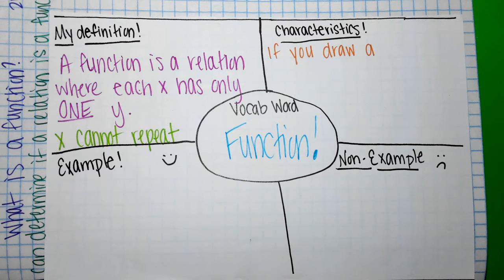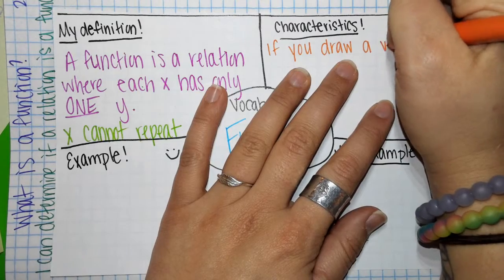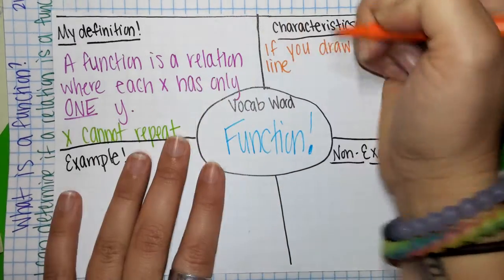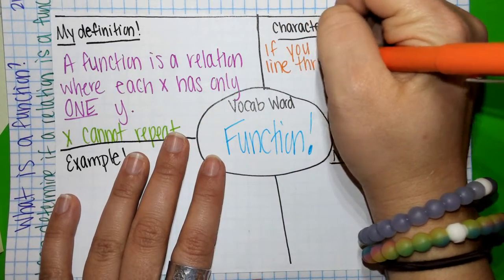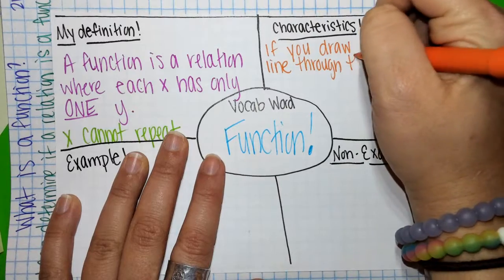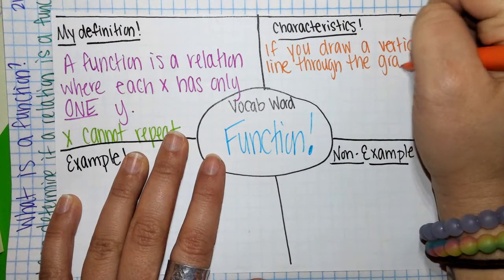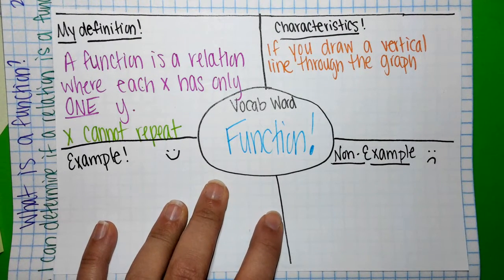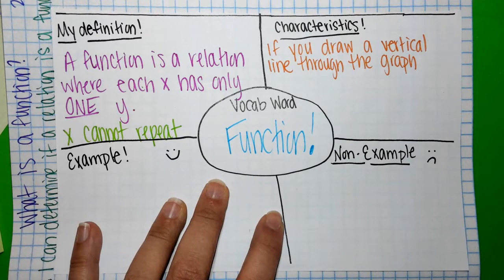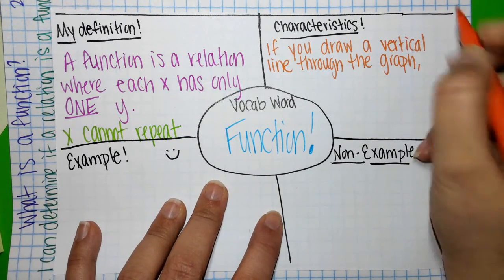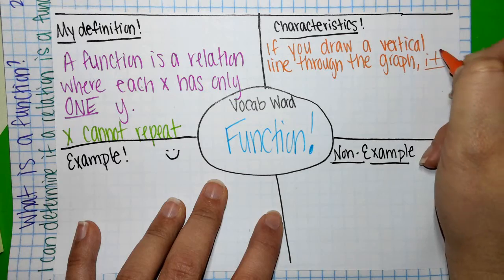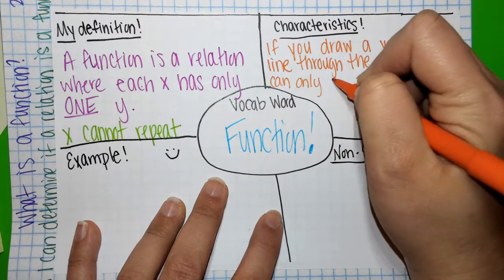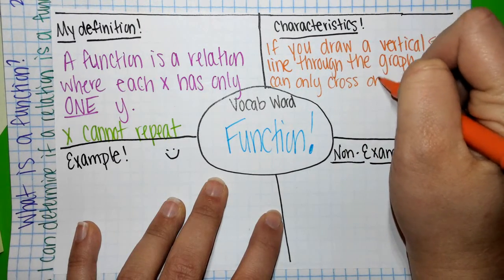Alright, so if you draw a vertical line through the graph, it, being the vertical line, can only cross once.